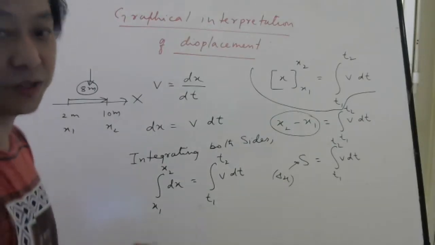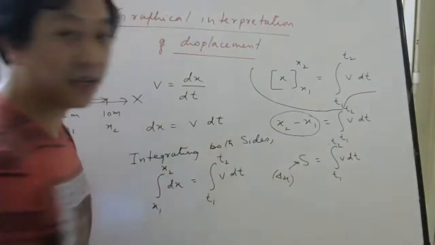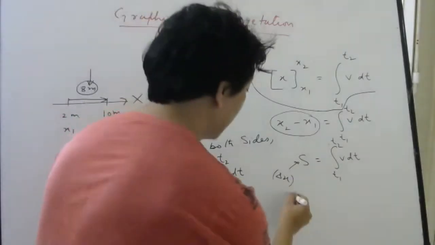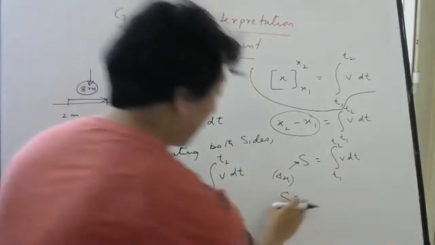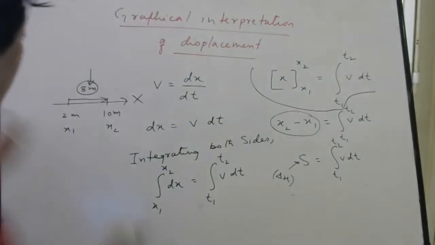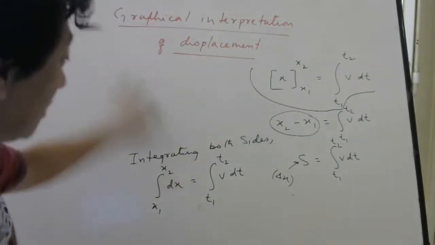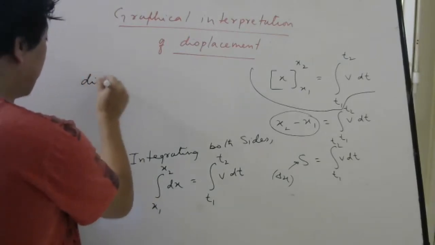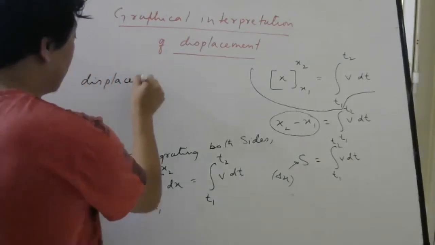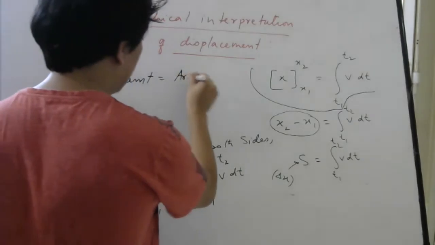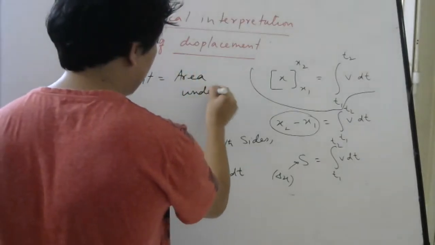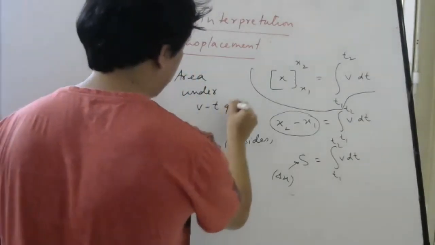So the whole aim was to show you that displacement is, I want to write in words, area under the VT graph.